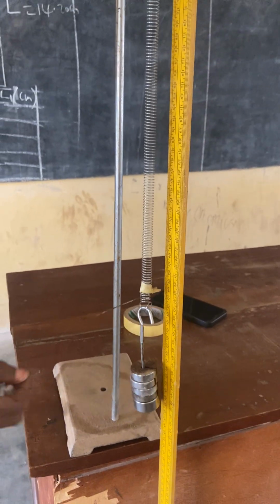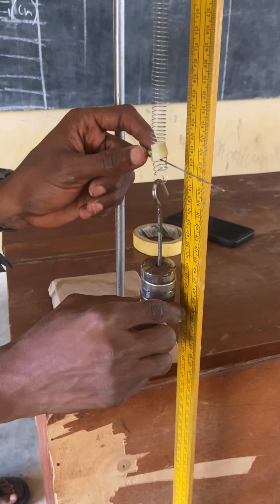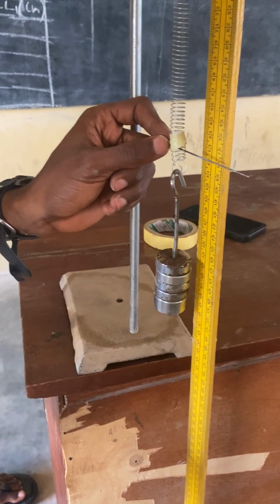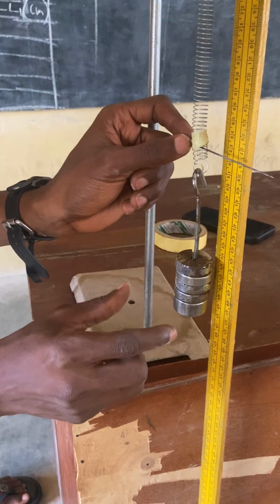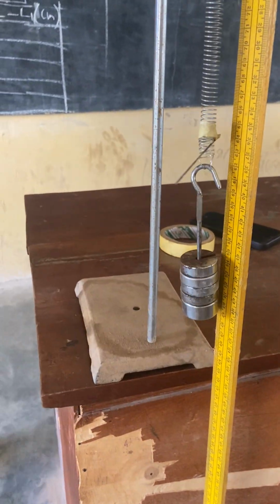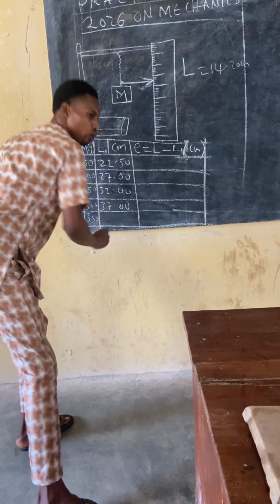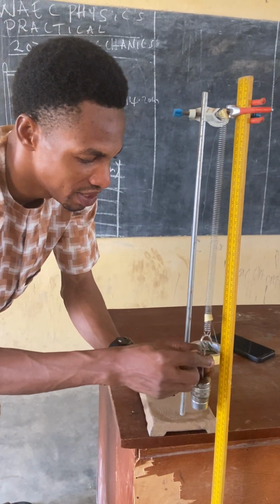So it becomes 300. From here, let's take the reading to be 37.00. Then 350, I'll add it again.